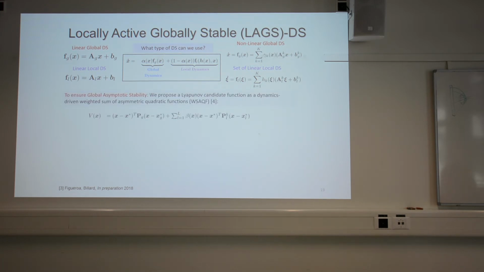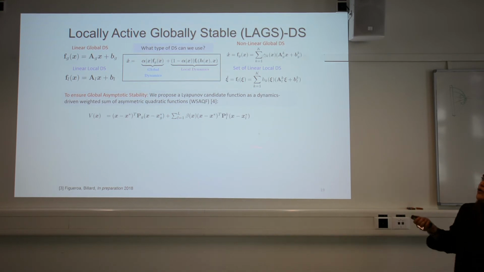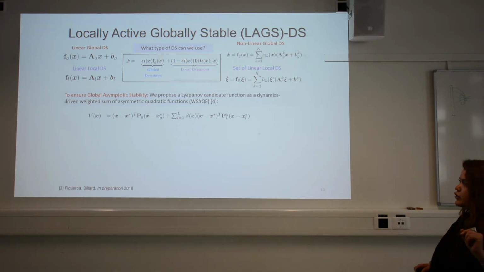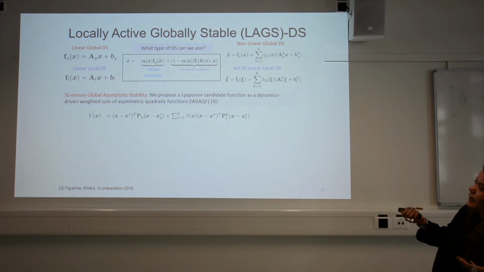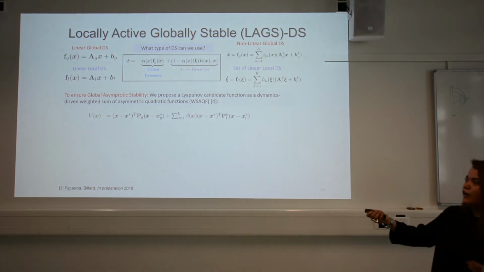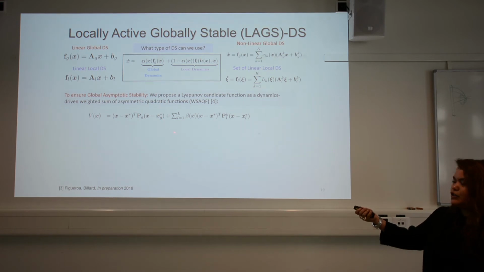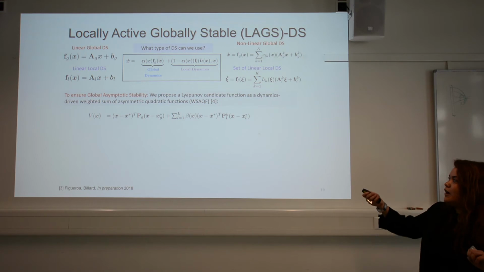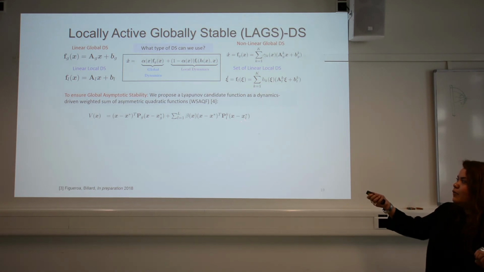So first, to ensure global stability, I use this complex Lyapunov function that I introduced very briefly in the first lecture. We have a global Lyapunov function, which is centered on our global attractor, and then a set of local Lyapunov functions which are not centered.